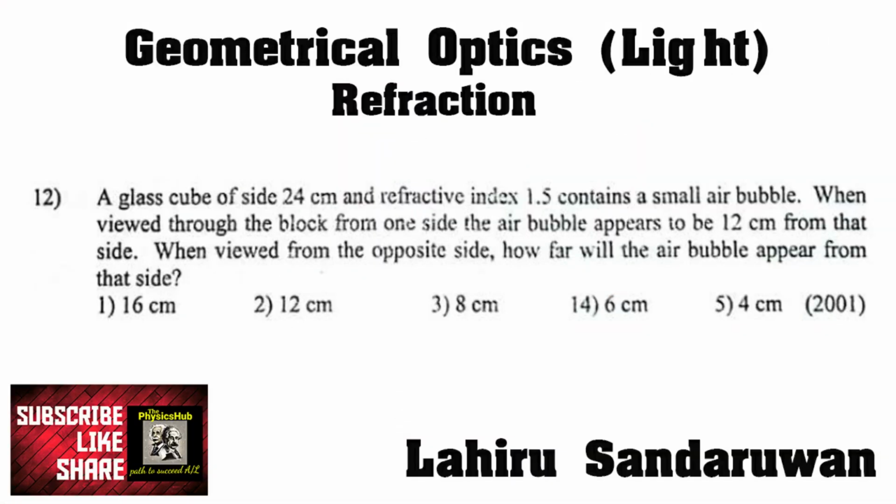Number 13. A glass tube of side 25 centimeters and refractive index 1.5 contains a small air bubble. When viewed through the block from one side, the air bubble appears to be 12 centimeters from that side. When viewed from the opposite side, how far will the air bubble appear from that side?